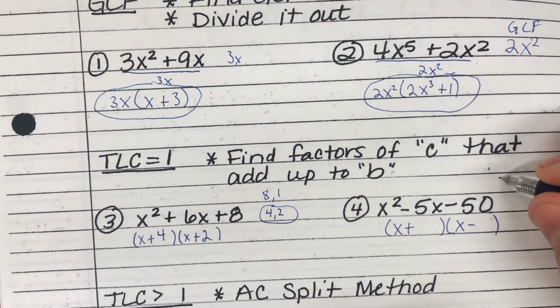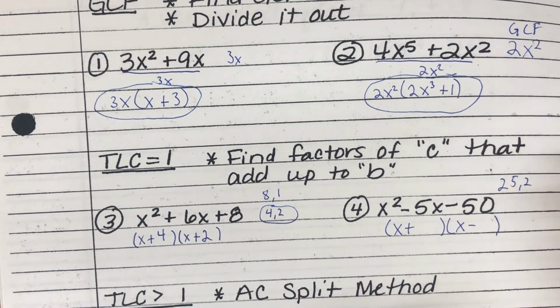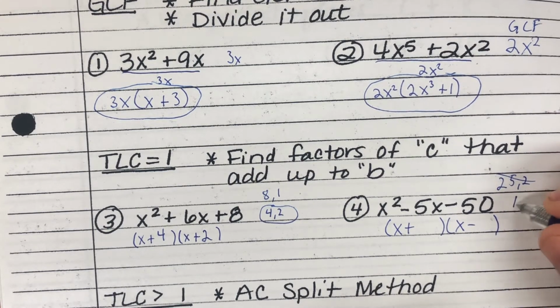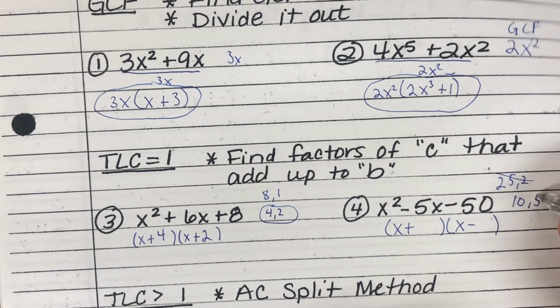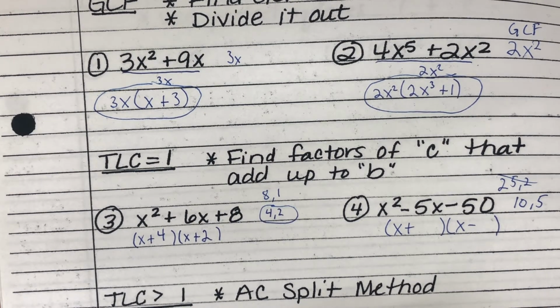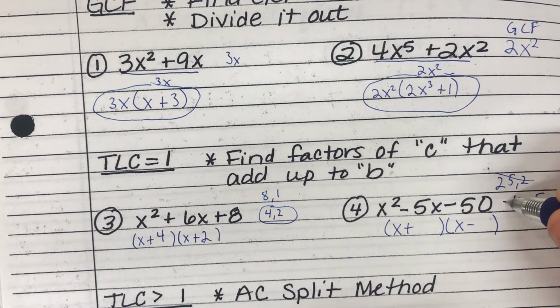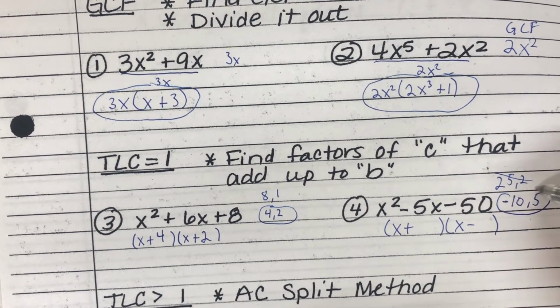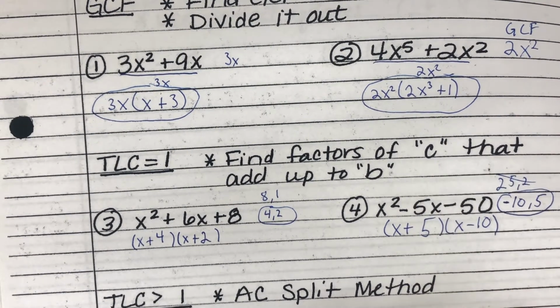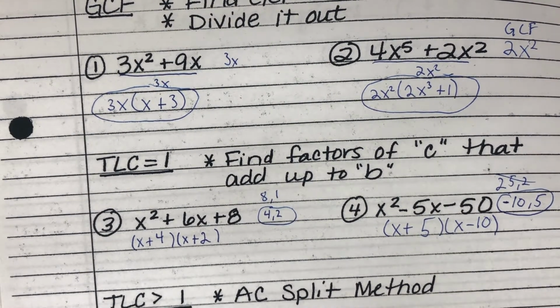Let's see here, I got 25 and 2. 25 minus 2 is 23, that don't work. 10 and 5. It has to add up to negative 5, so that means we have a negative 10 and a positive 5. Negative 10, positive 5. We have factored the trinomial.